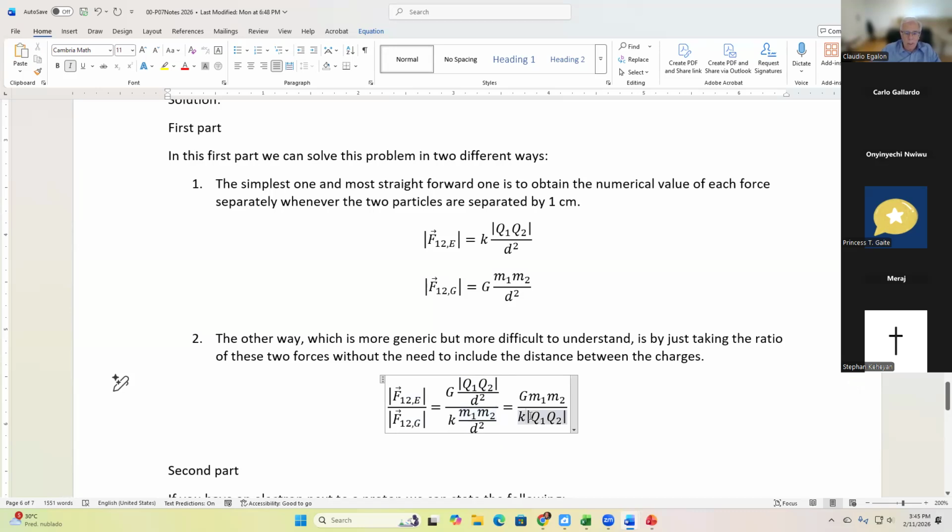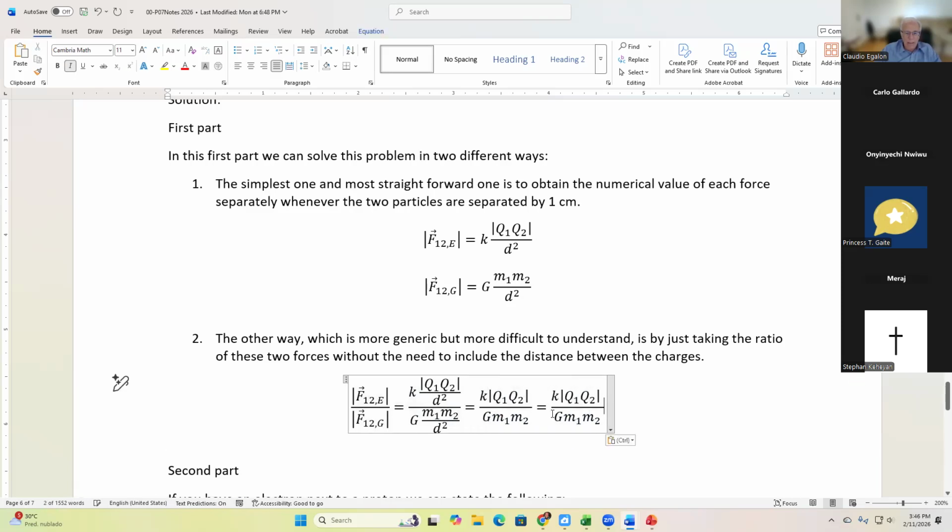Okay. And let's see, should be K here, K here, should be big G here. Big G here, and should be K here. Just put it upstairs. I'm doing that just to be consistent with what I did in the spreadsheet.